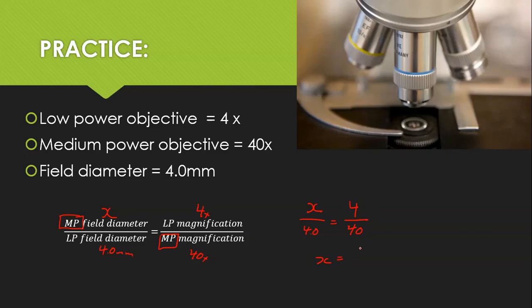X is equal to 16 divided by 40. So X is equal to 0.4 millimeters. And that's the field diameter under medium power.